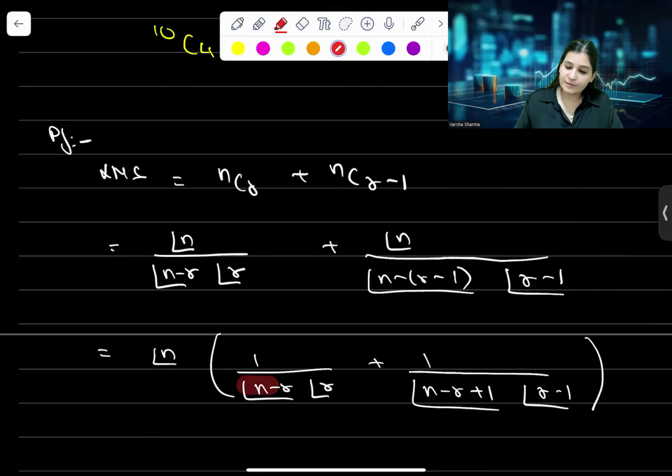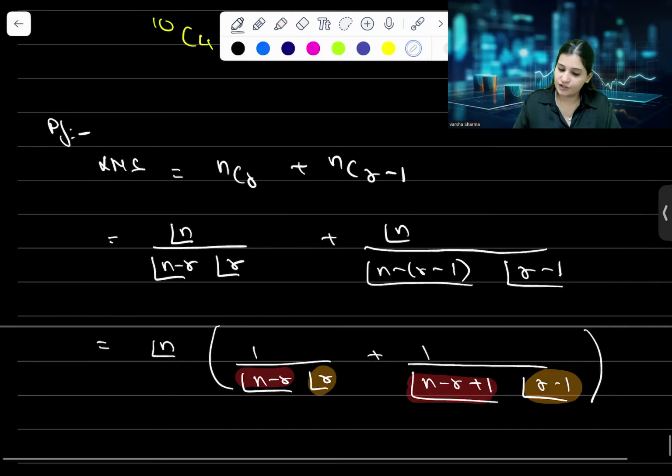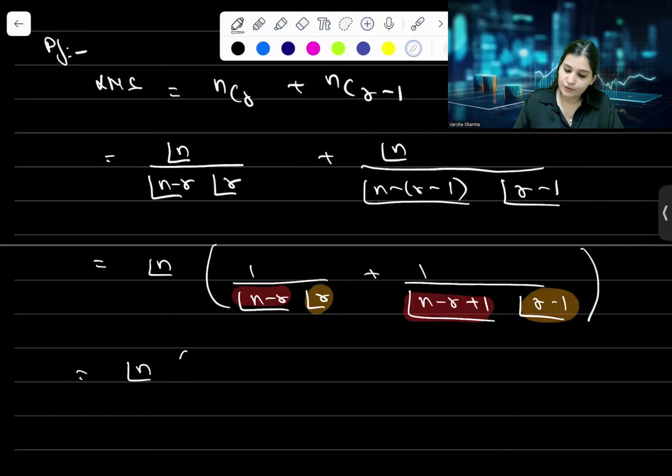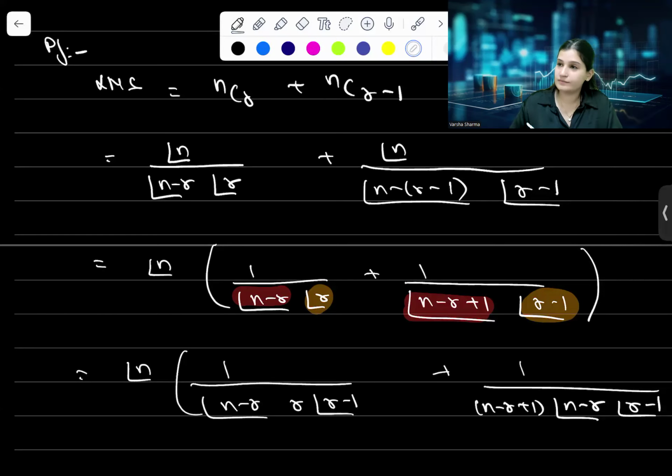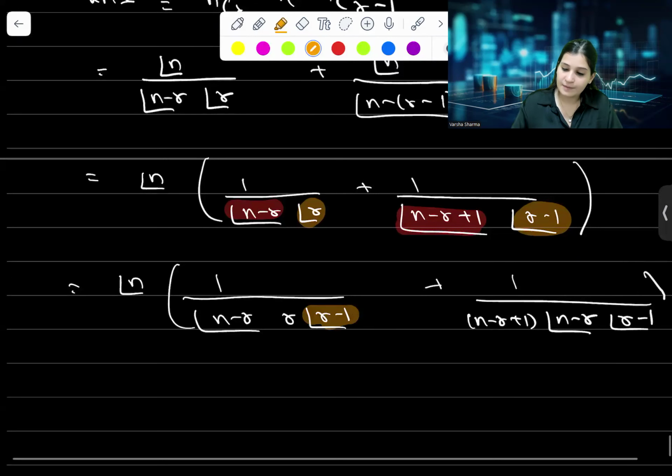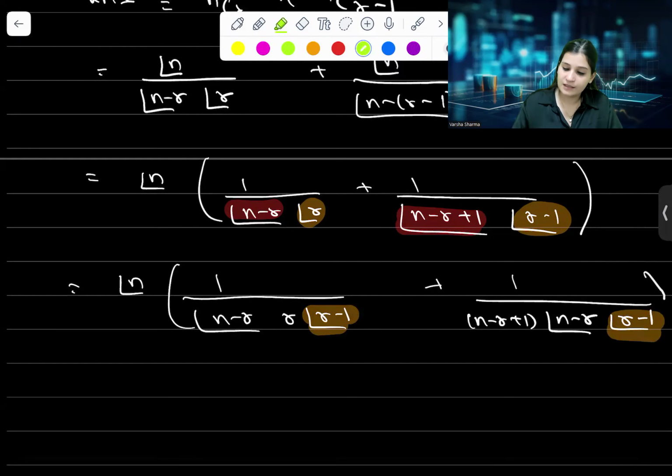Now, both of them look the same. Which one is larger? In (n minus r plus 1) and (n minus r), n minus r plus 1 is larger. And out of r and r minus 1, r is larger. So I'll open the larger factorial till I get the smaller factorial. So (n minus r plus 1) into factorial (n minus r), and factorial r is r into factorial (r minus 1). Again, I can take factorial (n minus r) and factorial (r minus 1) common.